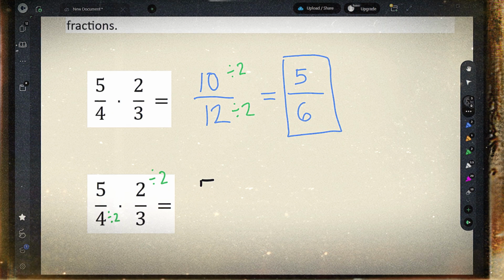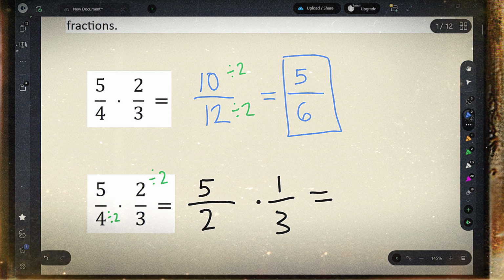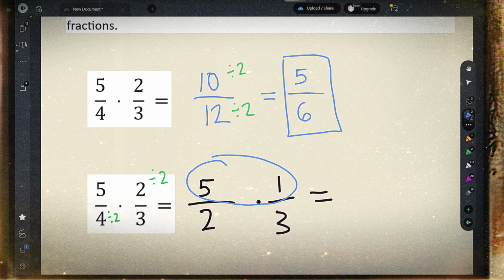And now this is what we get, 5 over, look, 4 divided by 2 is a 2, times, now let's do this, 2 divided by 2 is a 1. So this is what our problem becomes, 5 over 2 times 1 over 3. Now we can multiply straight across the top. 5 times 1 is a 5.